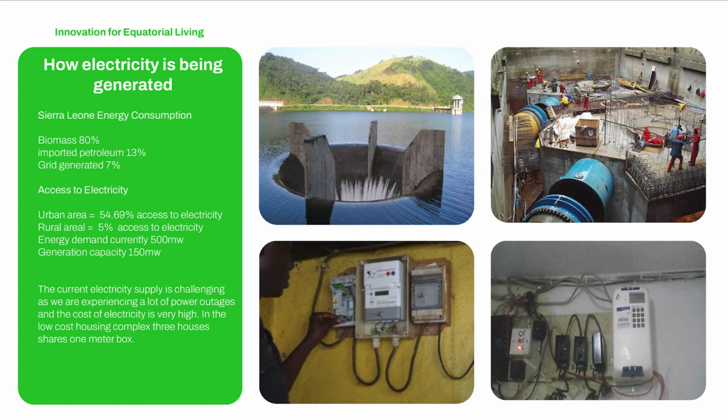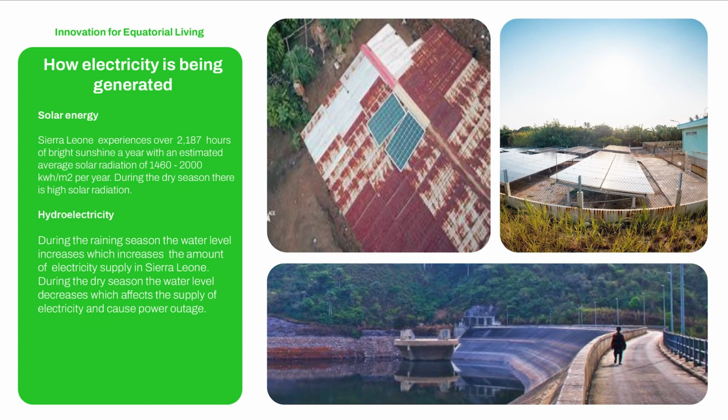Our biggest installation is Bumbuna, which generates 50 megawatts at peak during the rainy season when the water level is high. During the dry season, it can drop to something like 25 or 30 megawatts.